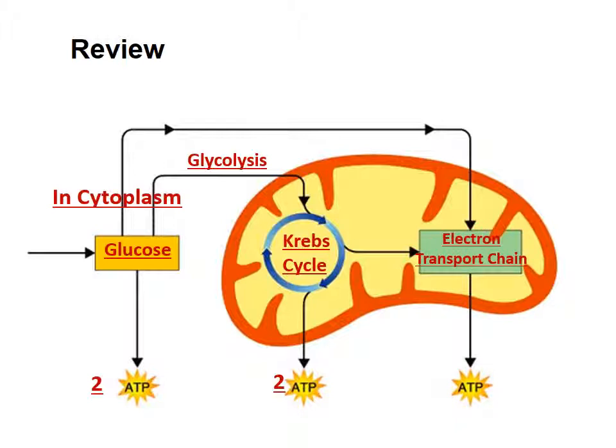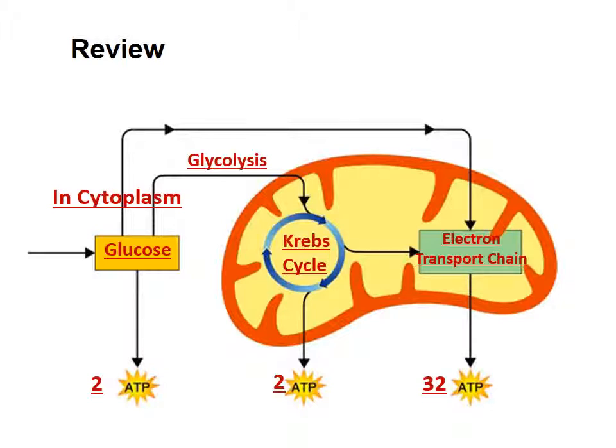And then this generates all of that NADH and FADH2, which are the electron carrier molecules. That's what's super important to go into the electron transport chain, which then produces roughly 32 ATP.